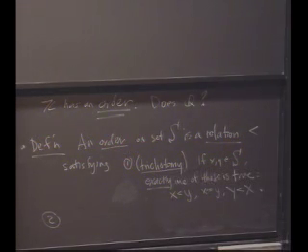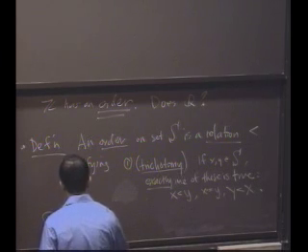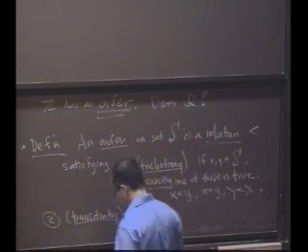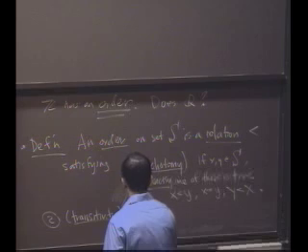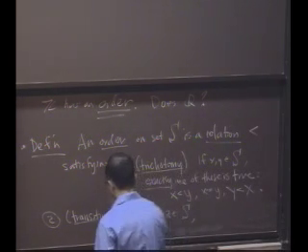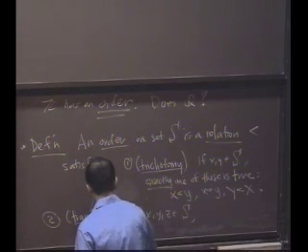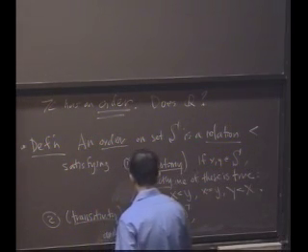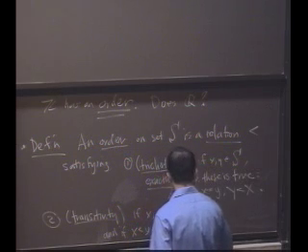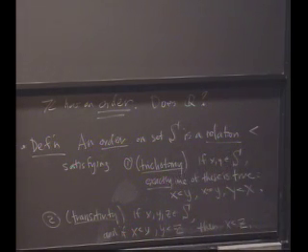Transitivity, I've heard that word before. What does it mean? Good. So we'll call this transitivity. And you've seen this before, but I'll write it down. If X, Y, and Z are in S, and if X is less than Y and Y is less than Z, then X is less than Z. These are two properties.